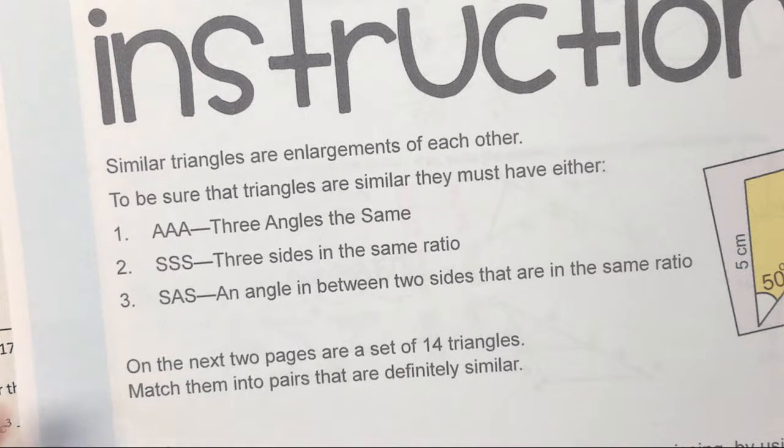Okay, there are 14 triangles, so that means you're going to have 7 pairs. I'm going to steal Jennifer's bag. Inside your bag, you have a cute little chart. This is the part I actually need written down on your own paper. So I'm going to steal Jennifer's. She'll get it later and leave it up here.